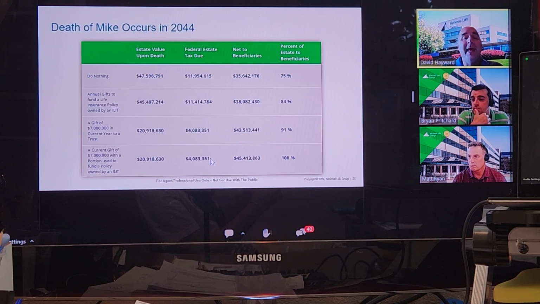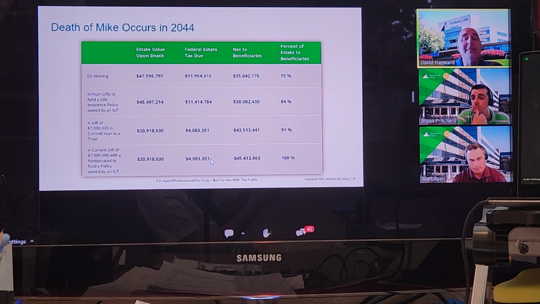A third option we have is, well, let's use some of our coupon that we have before it expires. What if I decided to give $7 million into a trust? He has still enough assets to live off of. You figure they're going to keep $8 million. They can comfortably live off of that, but let's give $7 million away right now to a trust. So it's not part of our taxable estate. It's going to grow with the same factors that your personal expenses are growing. So 20 years from now, this personal estate is now only $20.9 million.